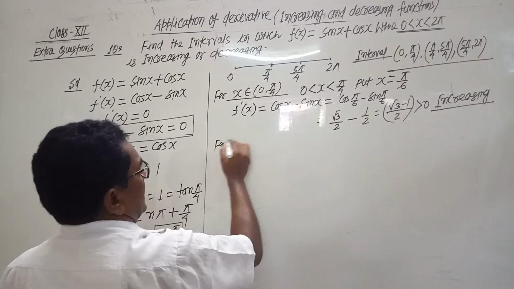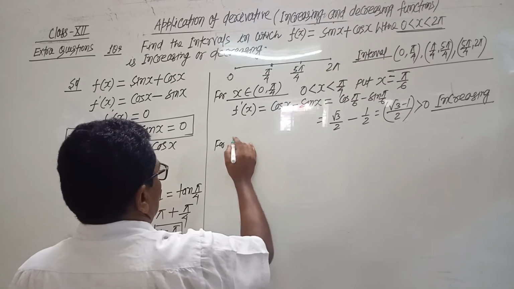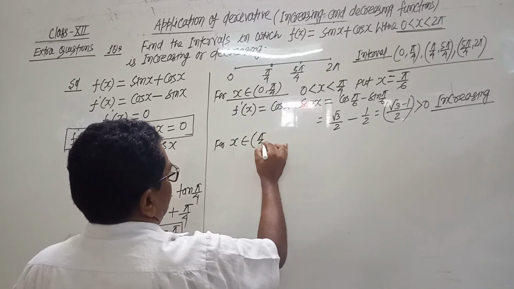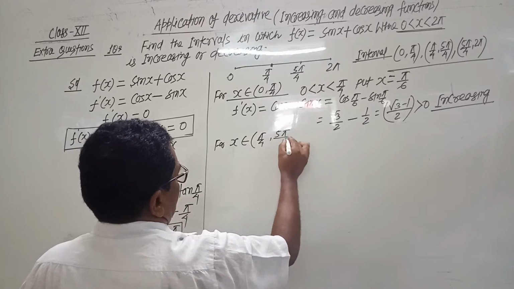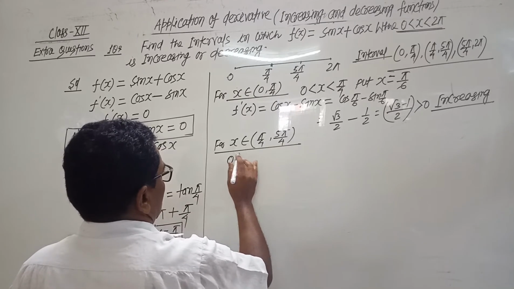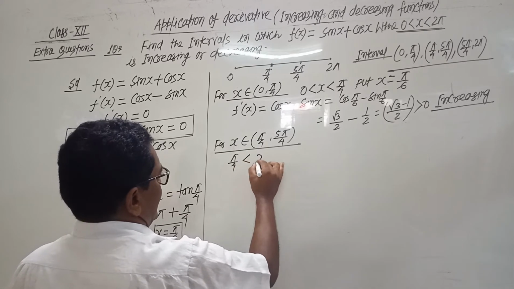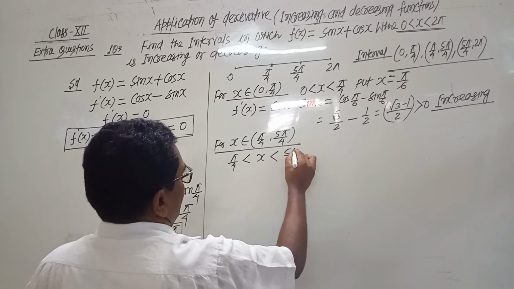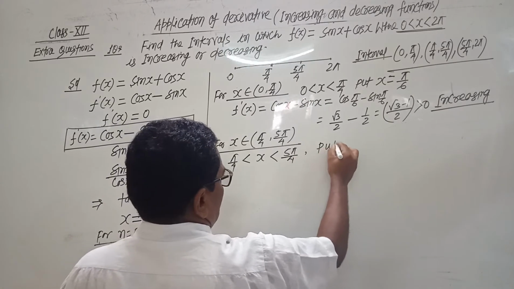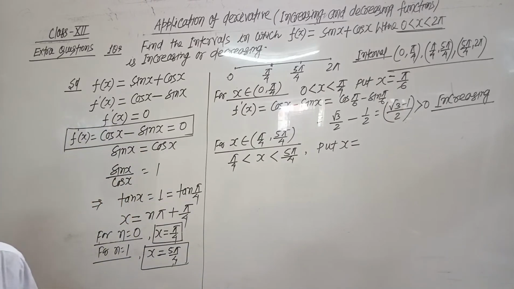Now for the next interval, for x belongs to pi by 4 to 5 pi by 4. It means pi by 4 is less than x is less than 5 pi by 4, and we put the value of x lying between these intervals.